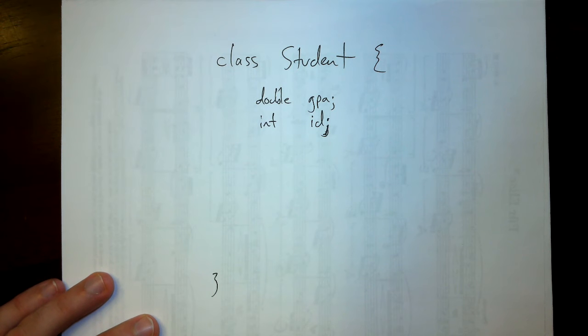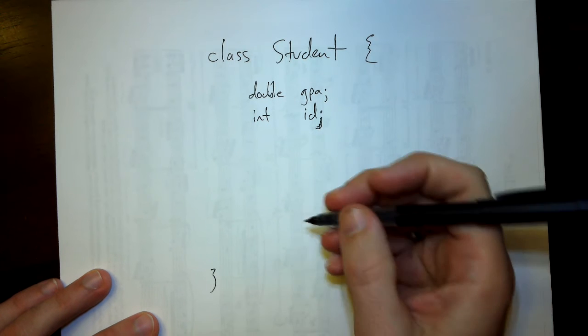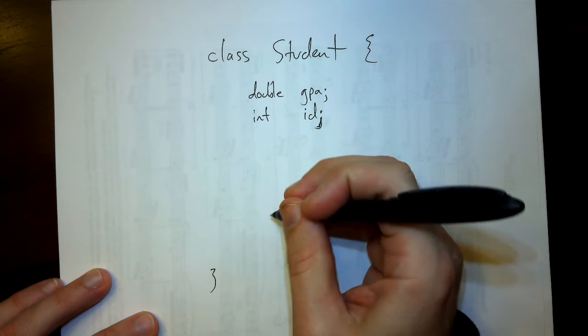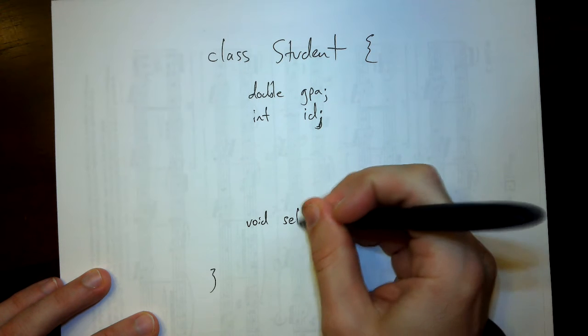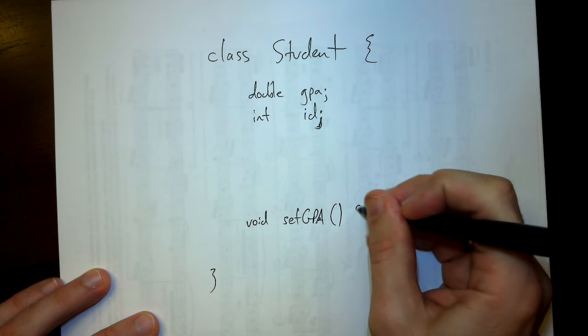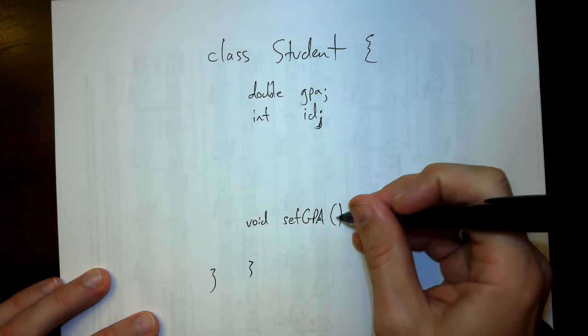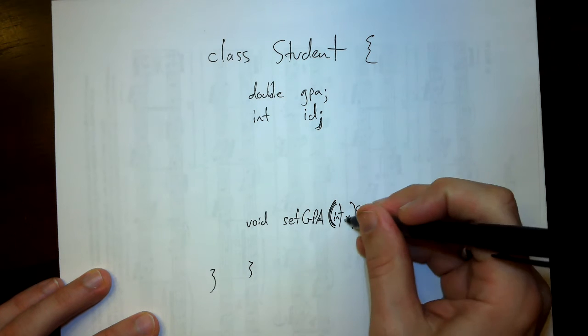And what can a student do? A student can, I don't know. Let's say they can set their GPA. So I'm going to say set GPA. Oh, and I have to pass in some kind of variable.